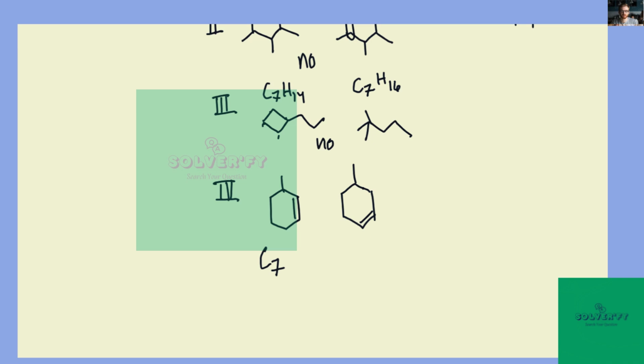And we know that there's a double bond and a cyclic structure, so it'll be 7 times 2 plus 2 minus 2 minus 2, or C7H12. And likewise, C7, 1 double bond, 1 ring, 7 times 2 plus 2 minus 2 minus 2. That's 16 minus 4, that's 12, H12. And yes, these are constitutional isomers.